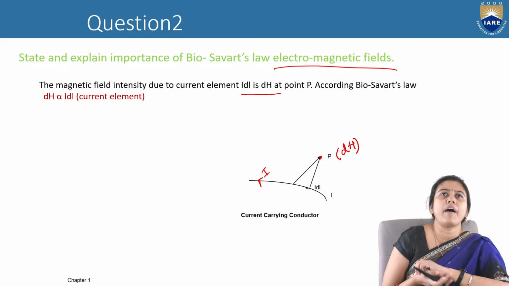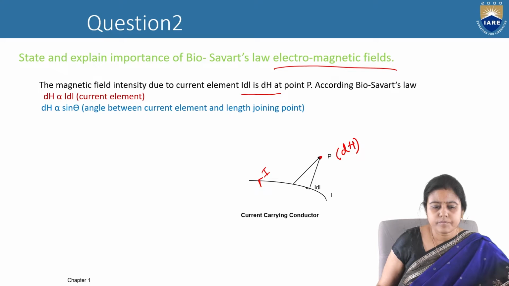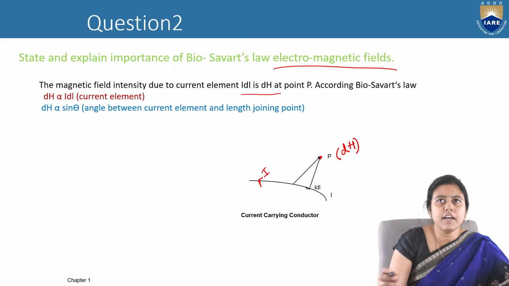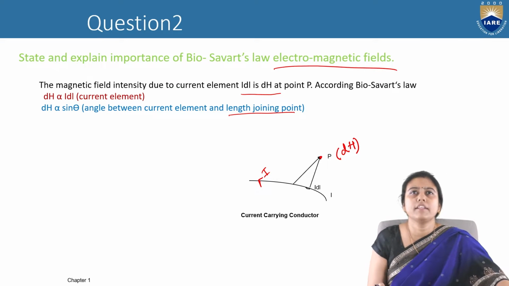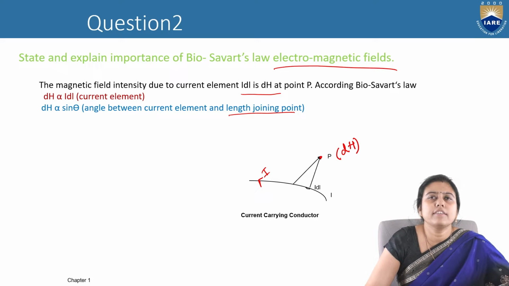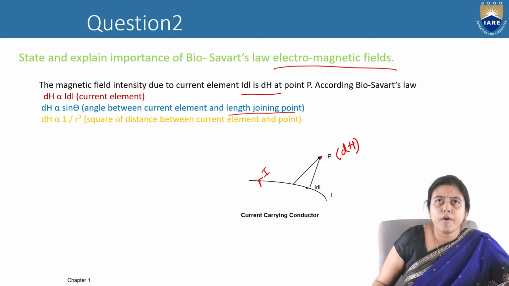So according to the Biot-Savart's law, DH is directly proportional to IDL. Next, DH is also directly proportional to sine theta. What is theta? Theta is the angle between the current element and the length joining the point.